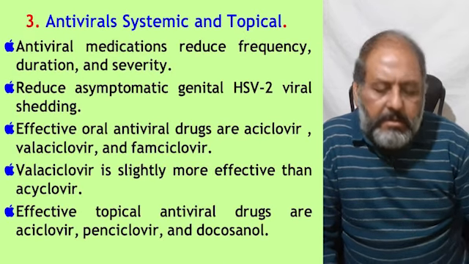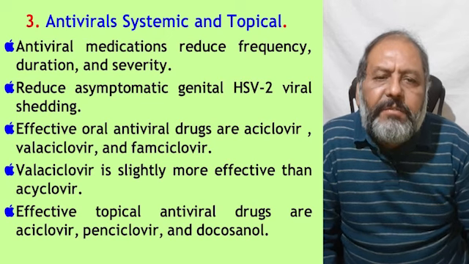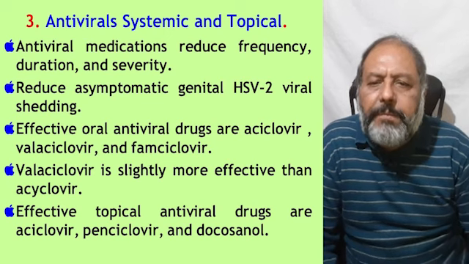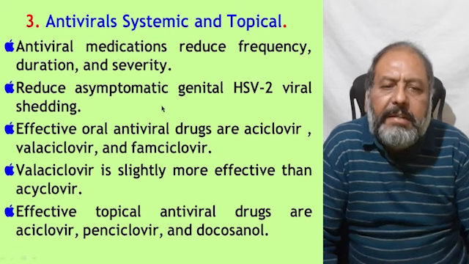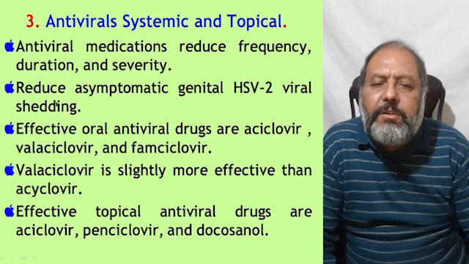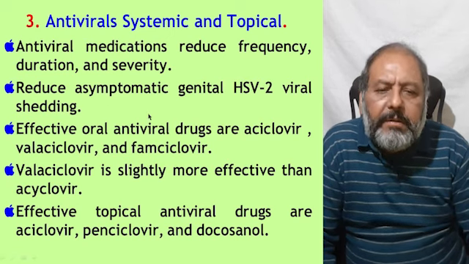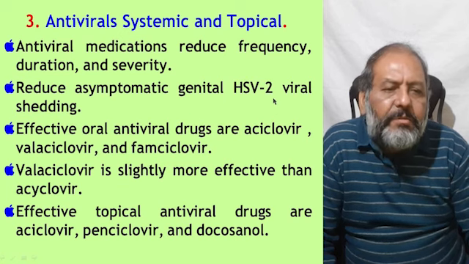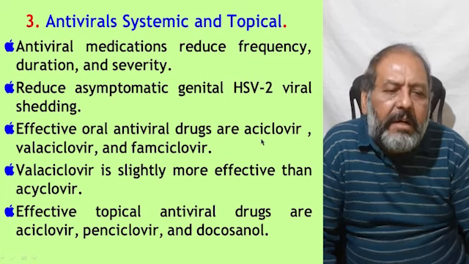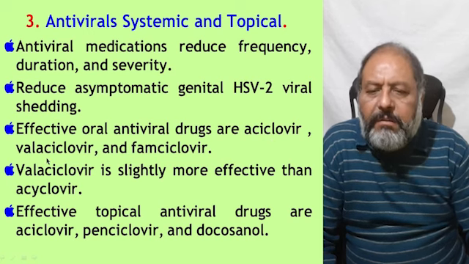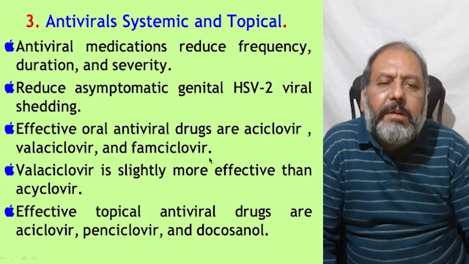The third part of the treatment is antiviral, systemic and topical. Antiviral medication reduces the frequency, duration and severity of outbreaks. These reduce asymptomatic genital HSV shedding. Effective oral antiviral drugs are acyclovir, valacyclovir, and famciclovir.